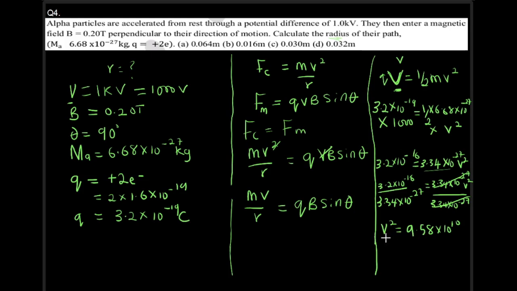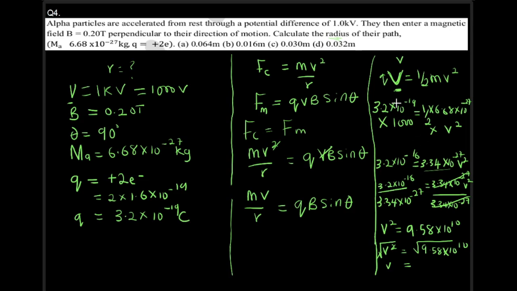But what we need is v. So to remove the square, we'll take the square root of both sides. The square root of v squared equals the square root of 9.58 times 10 raised to the power 10. This cancels out the square, so we have just v, which is the velocity.